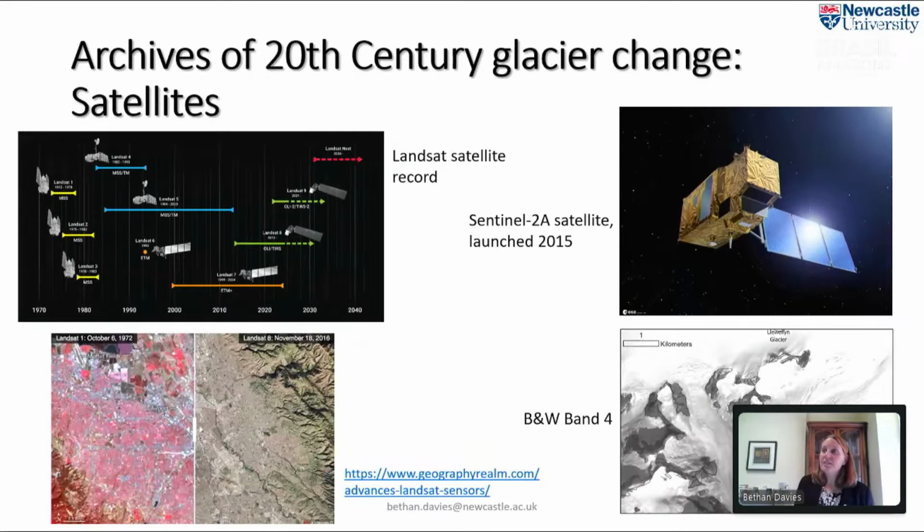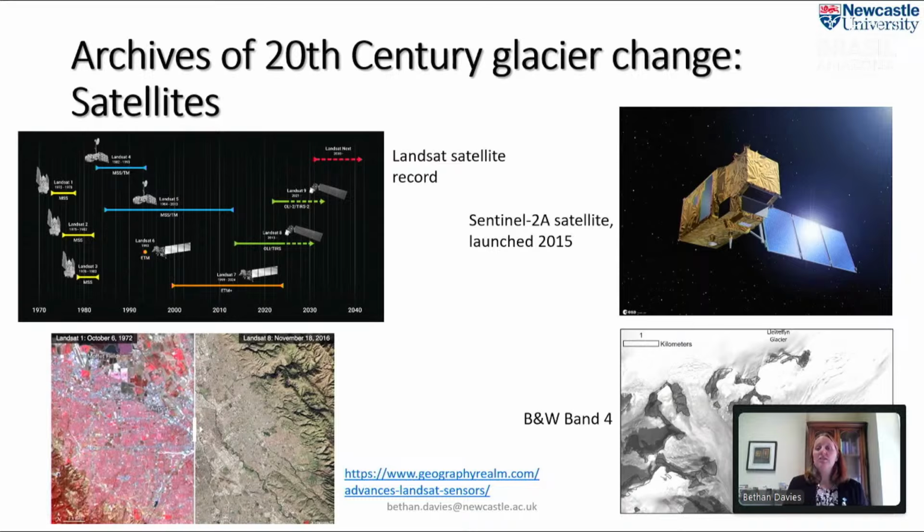And then in the 1970s, we also started launching satellites like the Landsat program. And you can see here the Landsat 1972 image, which looks quite red, compared with the Landsat 8 image from 2016. So you can see there's this massive improvement in the sensor technology on the satellites. The 1972 images aren't as clear as our aerial photographs, but by 2016 we're getting beautiful regular images of the ice field.